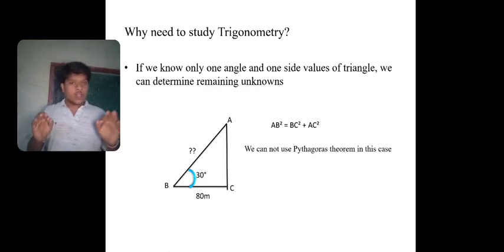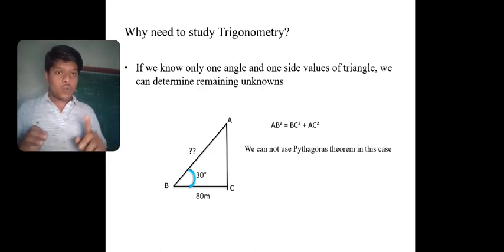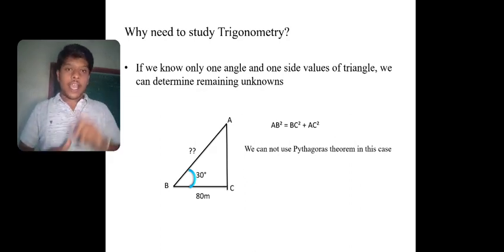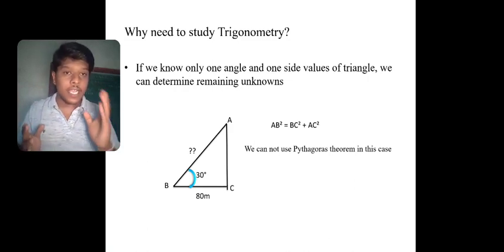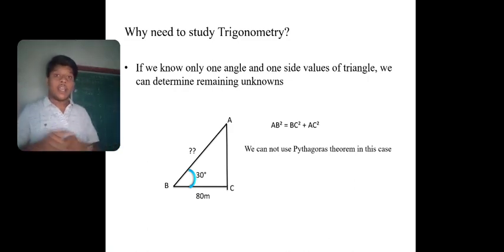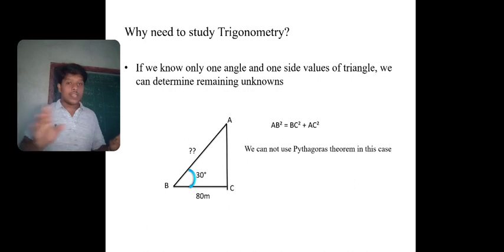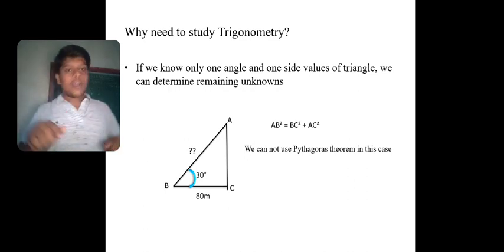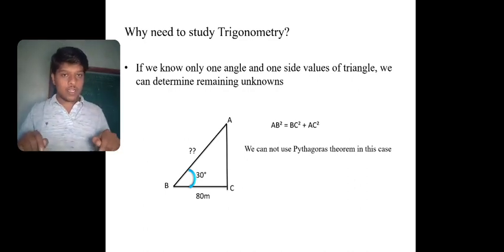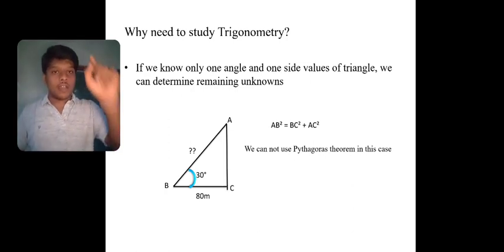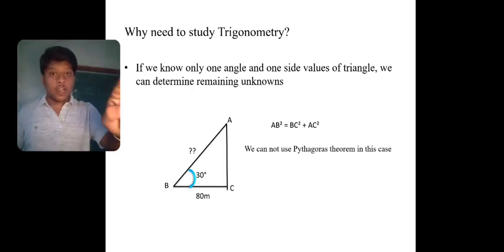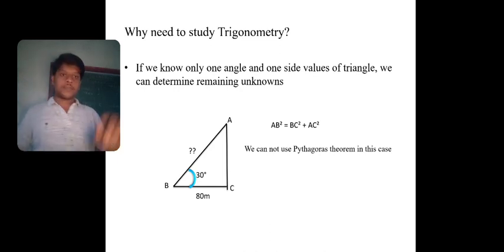But assume a case where you know only one side and one angle, then how can you calculate the remaining sides AB and AC? It is very difficult using Pythagoras theorem. So to tackle this situation, I must learn trigonometry. Got it? Fine.